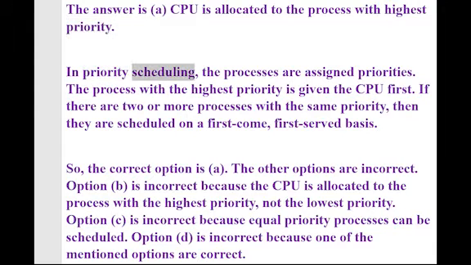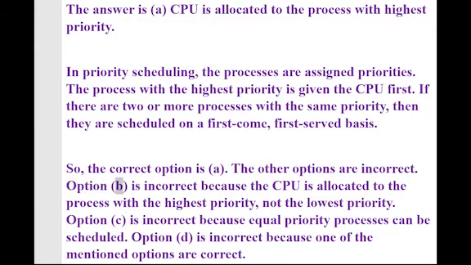In priority scheduling, the processes are assigned priorities. The process with the highest priority is given the CPU first. If there are two or more processes with the same priority, then they are scheduled on a first-come, first-served basis. So, the correct option is A. The other options are incorrect.